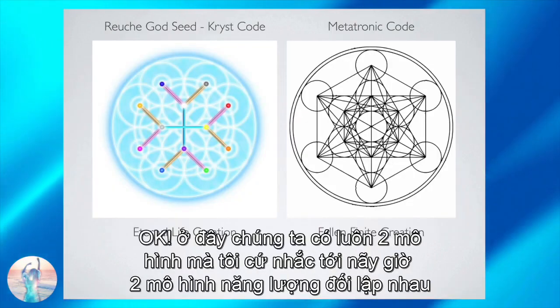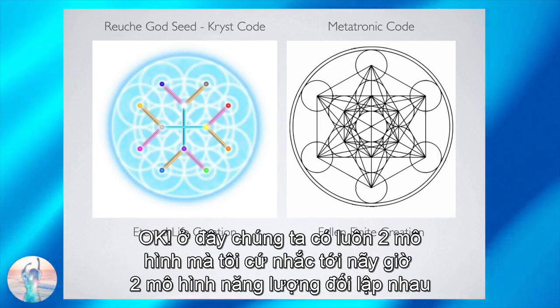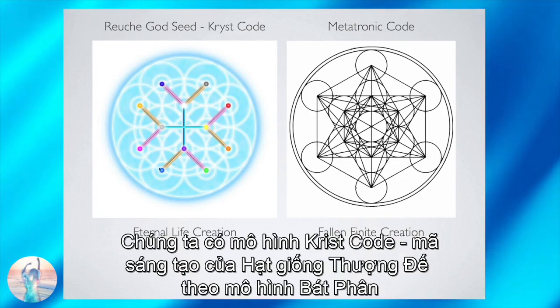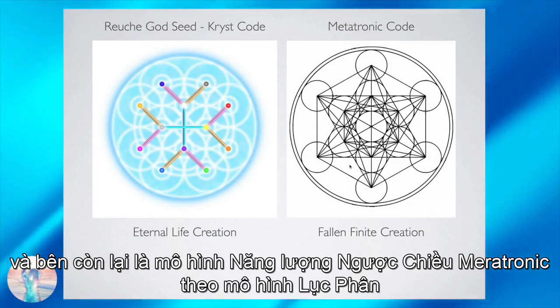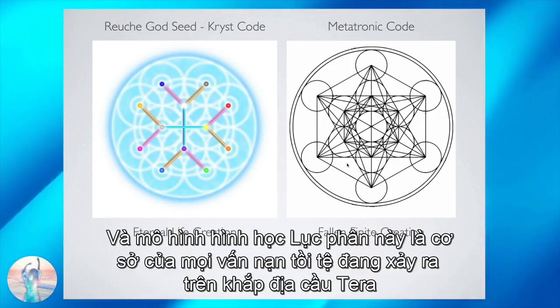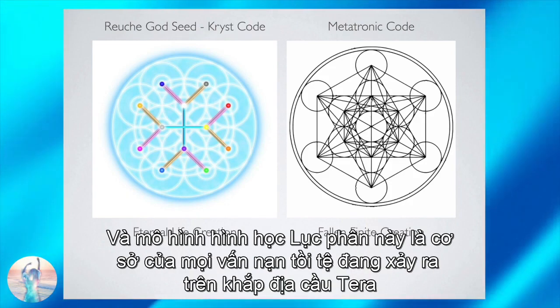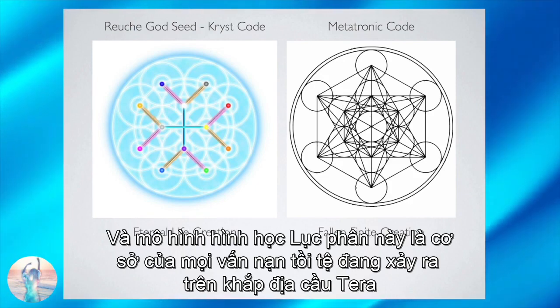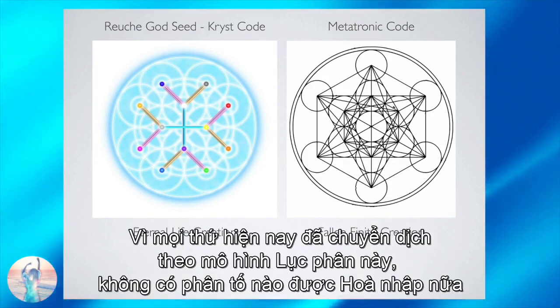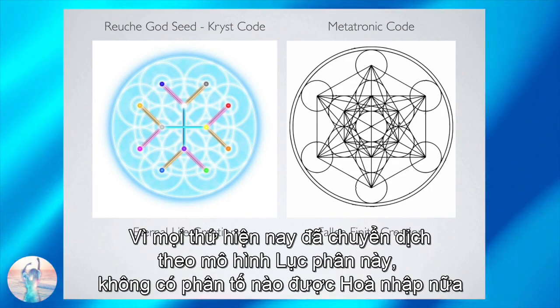Okay, so here we can see both of the opposing templates side by side. You've got the Ruche Godseed Christ code based on octant geometry, and you've got the Metatronic code based on fallen sextant hex geometry. Basically what happens is, because this has now been changed into a hex geometry, the cells can no longer phase together because the trivector phase cells are no longer there.